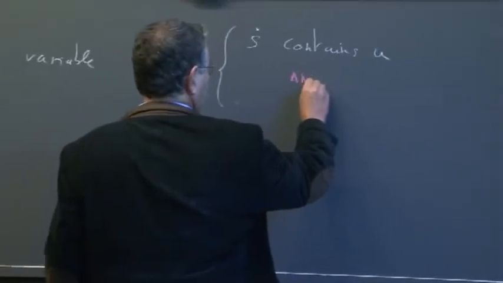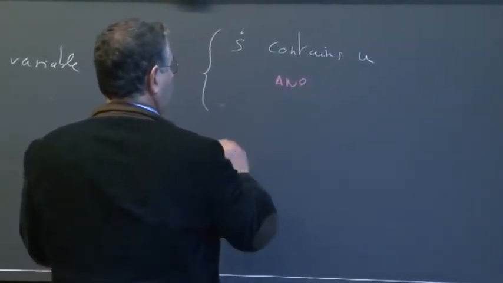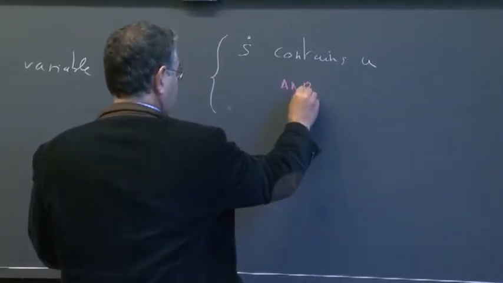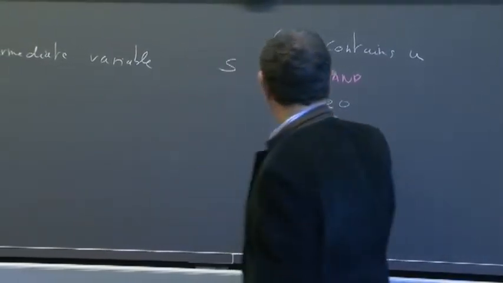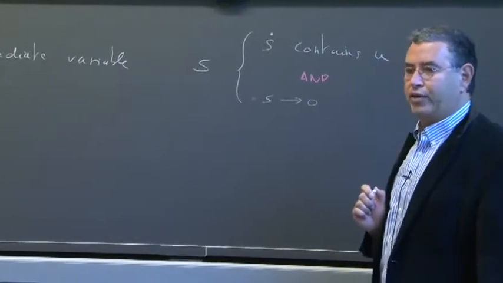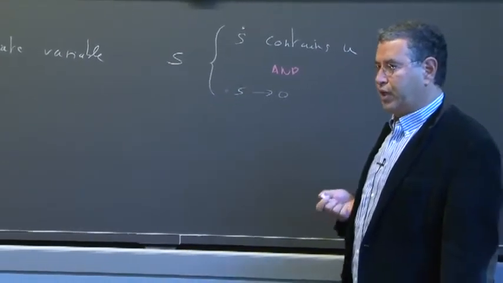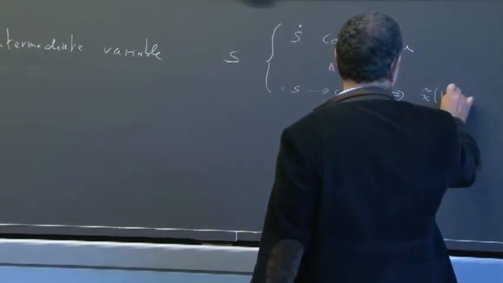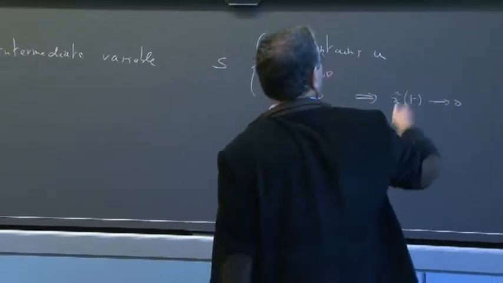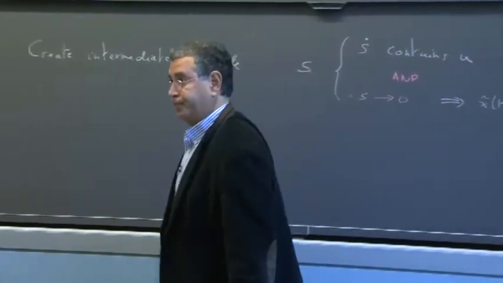And we would like that the fact that somehow we control s to 0 as t tends to infinity implies that x tilde of t tends to 0, in other words, when x tends towards x desired.